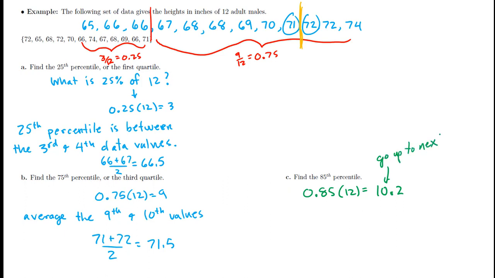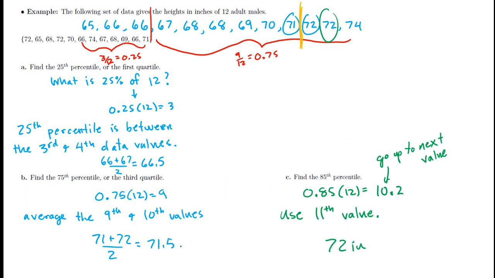Notice I did not say round, because if you rounded 10.2, you would round down to 10. So you go up to the next value. So we're going to use the 11th value, and that's easy to find. That would be 72 inches.